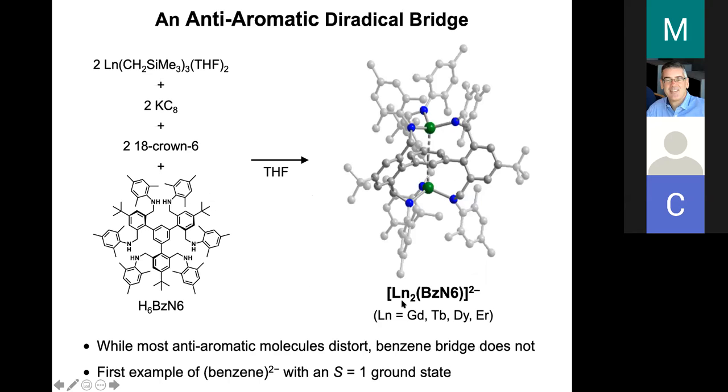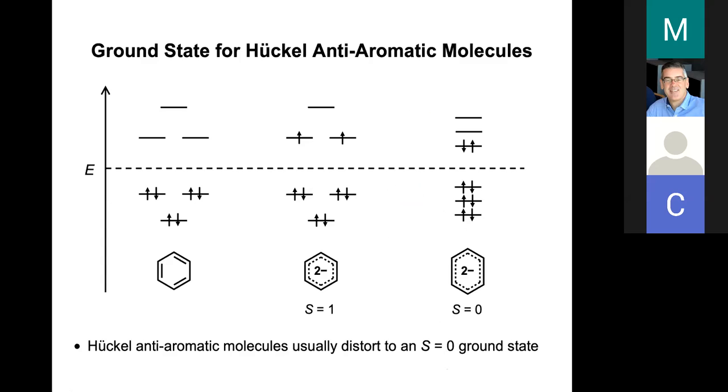And the beauty of this molecule, though, is that the way it's constructed, it's very constrained and it's very high energy to try to distort the benzene ring. And so this is for the first time a case where we can keep that benzene planar and symmetric and isolate then a triplet ground state form of benzene 2 minus.